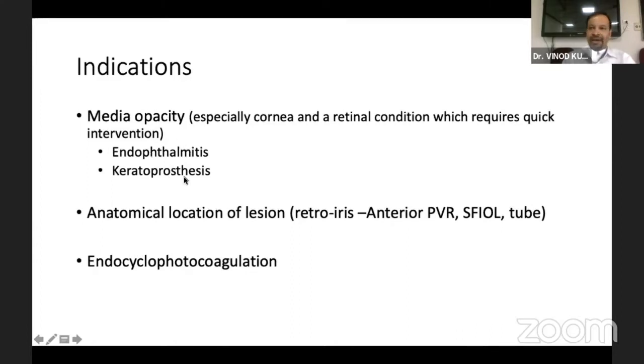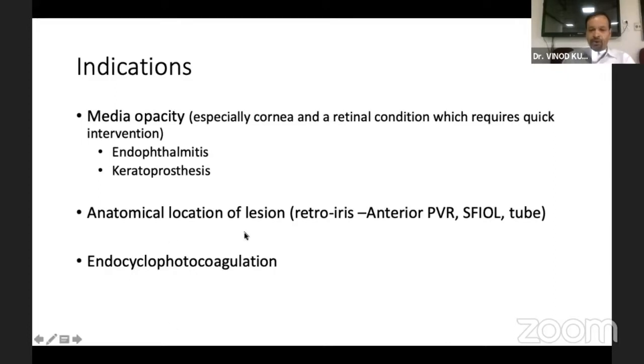In conditions where keratoprosthesis has already been done, the visualization may not be great through that, and we may again have to resort to endoscopic methods. Next would be when the location of the lesion is in a place where we cannot see with conventional visualization, even with a wide angle visualization system.